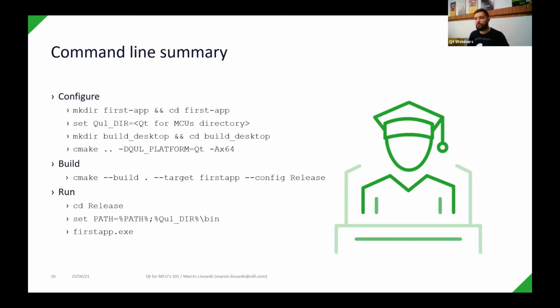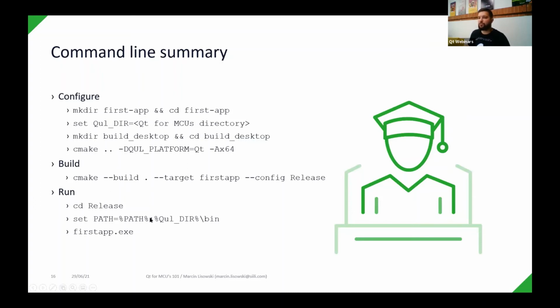To compile for the host, you have to create a separate directory for the build. Then you trigger CMake with Qt platform Qt, and this will generate your targets to compile your app for the host machine. You can, of course, trigger it with the typical CMake syntax for compilation.